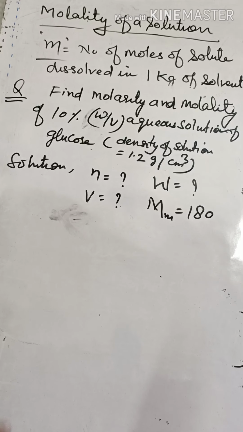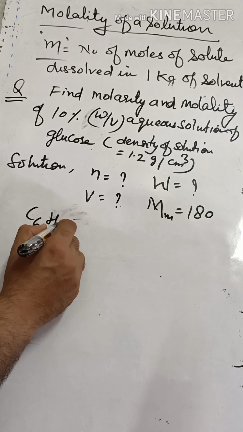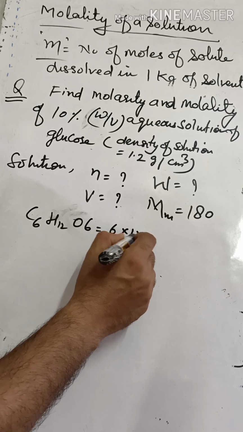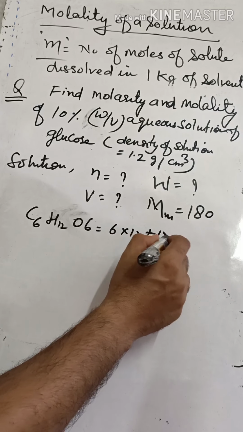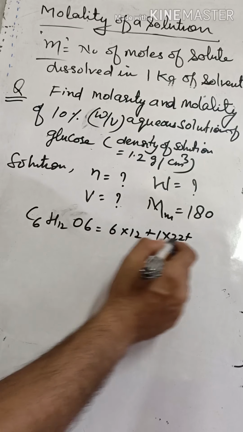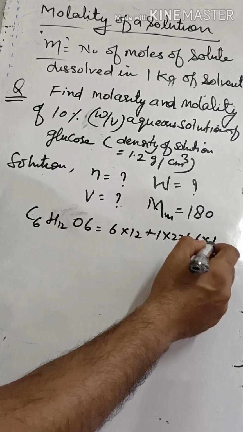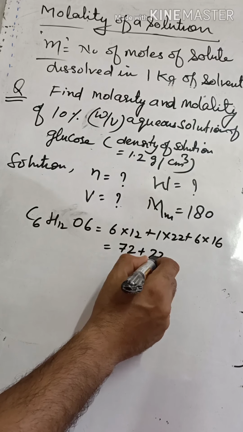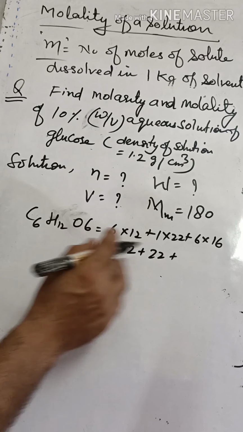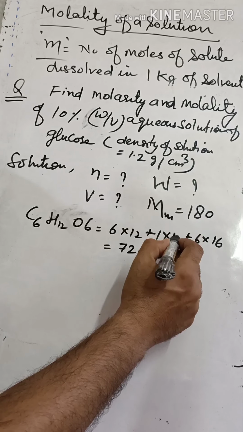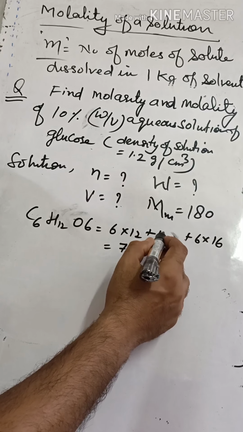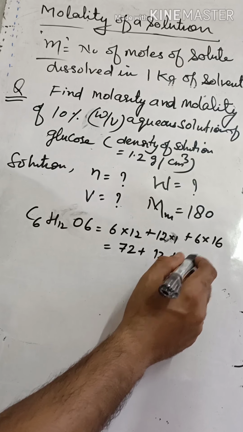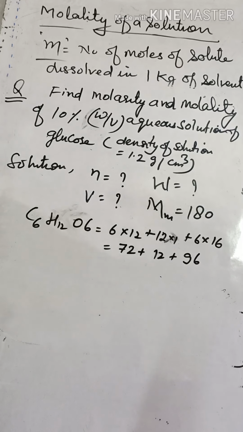C6H12O6. Carbon is 6 into 12, plus hydrogen 1 into 12, plus 6 into oxygen 16. So it is 72, plus 12 into 1, plus 96.